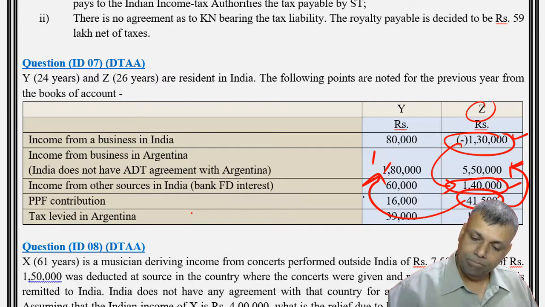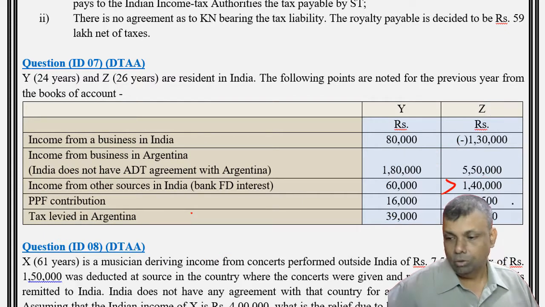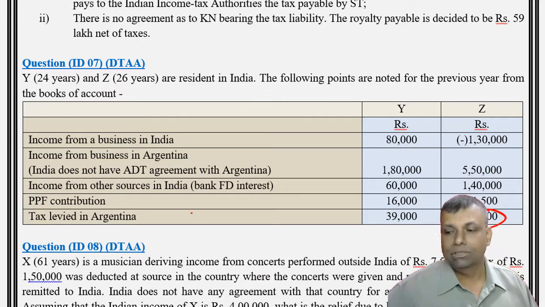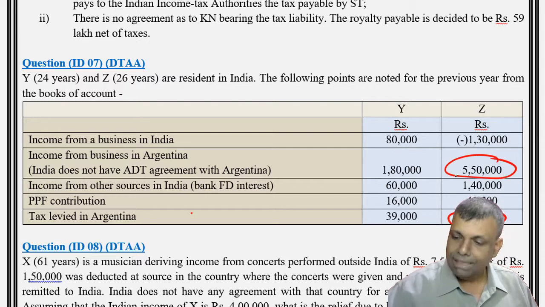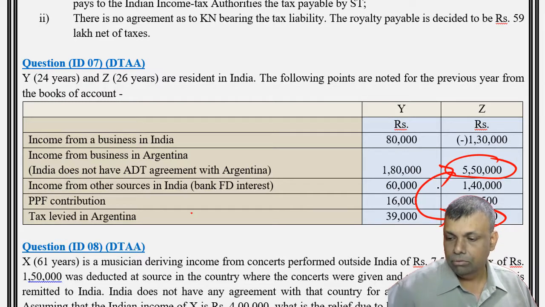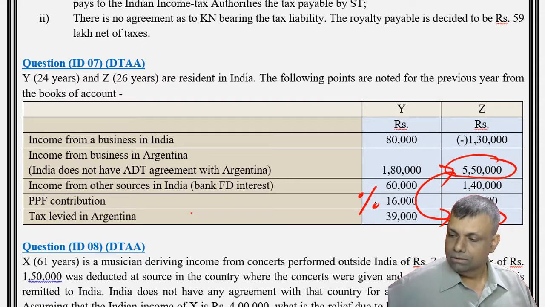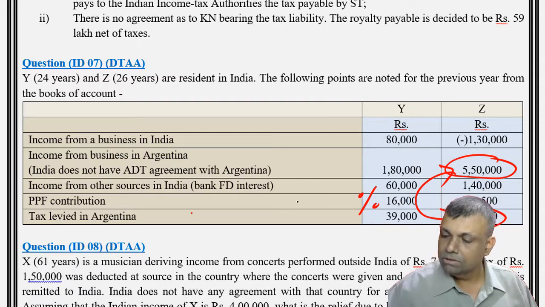Okay, now there are two ways to look at it. Both the ways I already told you, but I will repeat that also, don't worry. However, taxes paid in Argentina is 15,000 on 5,50,000. So this is going to give you your foreign average rate in this particular computation. Roughly how much it comes, just use your calculator.